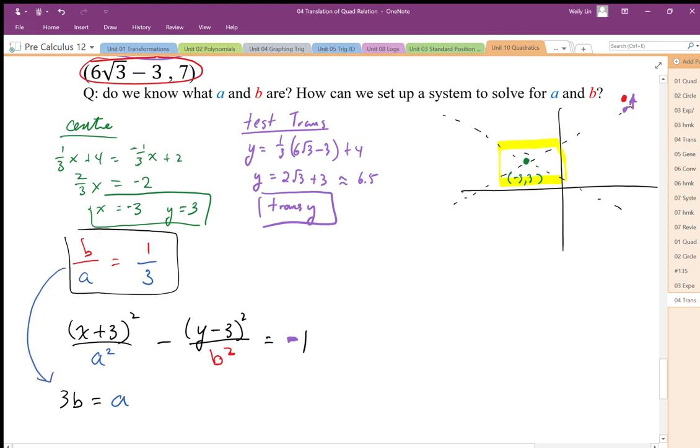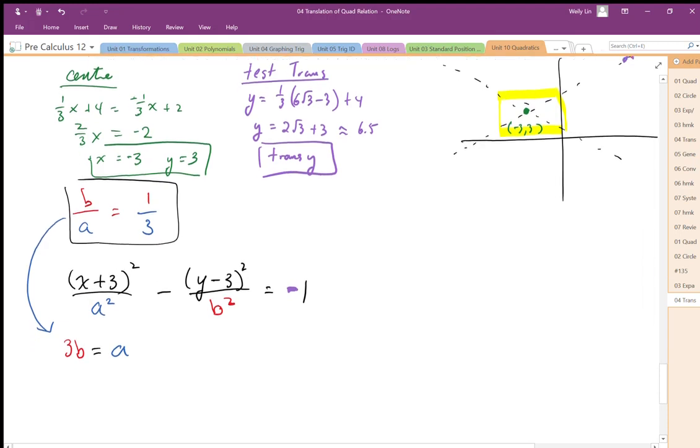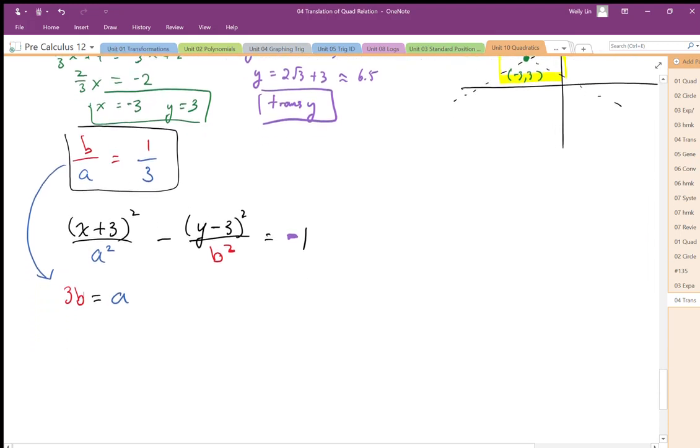Okay, so if that's really the case, then that's great because instead of having two variables, I now replace that one variable with a b variable. So my equation then looks like this. I'll rewrite this all out now. So x plus 3 squared over, instead of a, I'm going to use 3b squared.